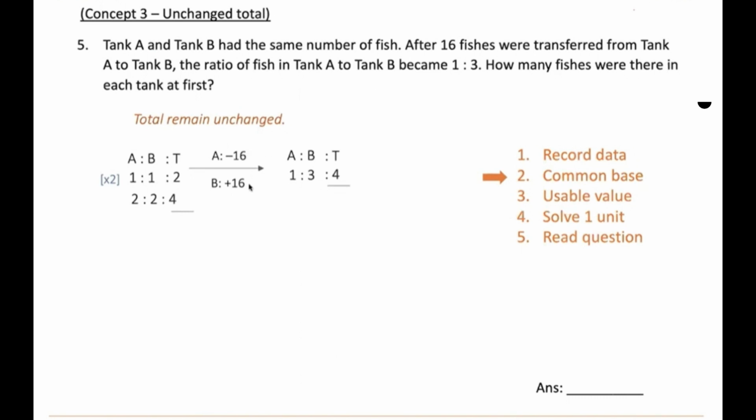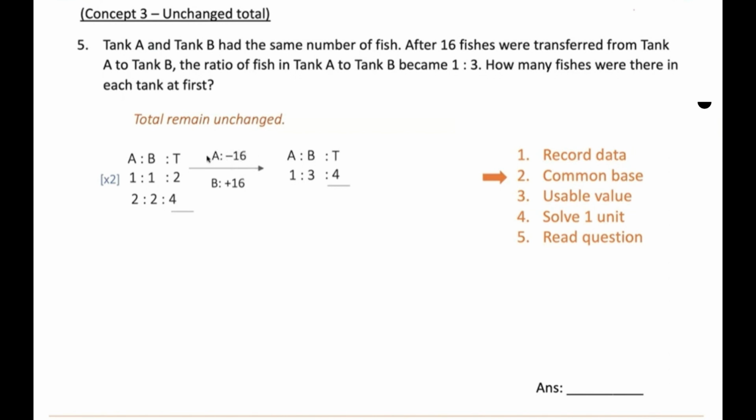Look at the question. There's 2 values here. 16, 16. Correct? Usually, I'll just pick the top one. 16 on top. Okay? Now, if I use 16 on top, I ask myself the next question. How many units does this 16 represent?